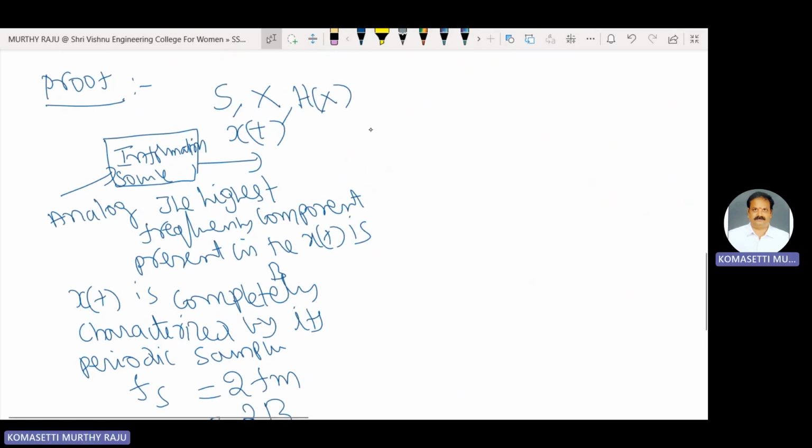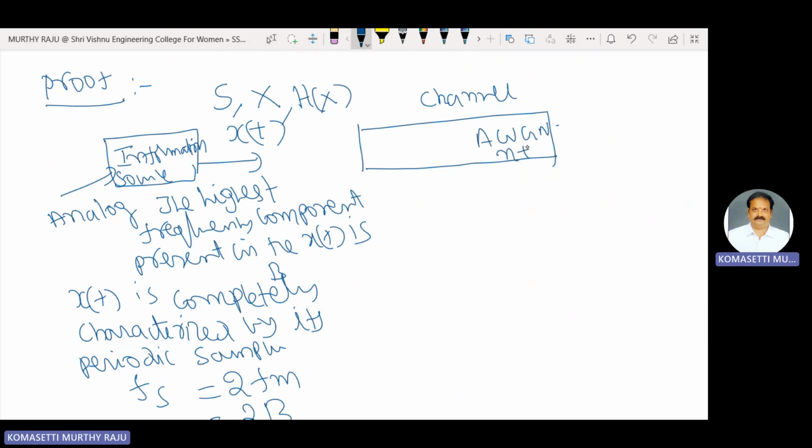This is the channel. In the channel, additive white Gaussian noise is present, represented by n of t. Noise power is capital N. The random variable of that noise is small n.